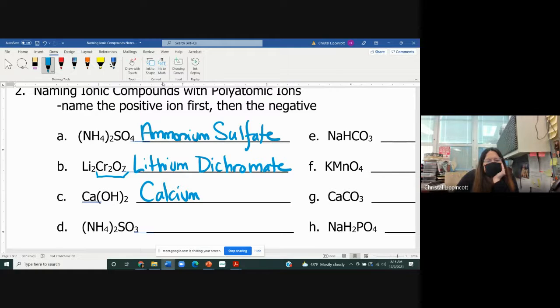And what is this guy right here? Corbin should know that one. All right. This is our ammonium again. And what is this? Sulfite. Right. This was sulfate. It had 4. This is sulfite.